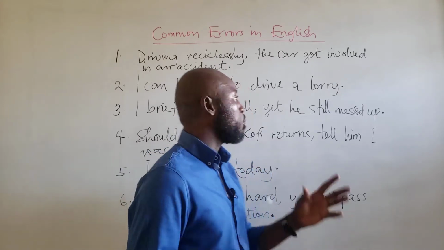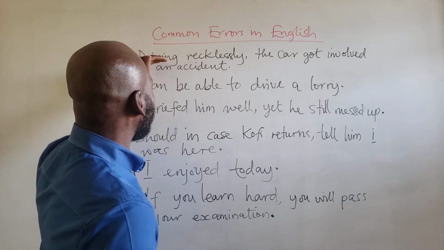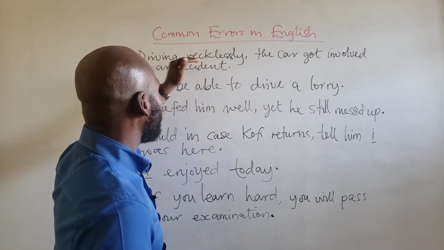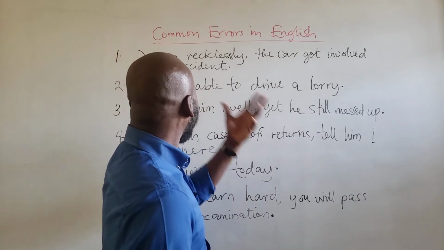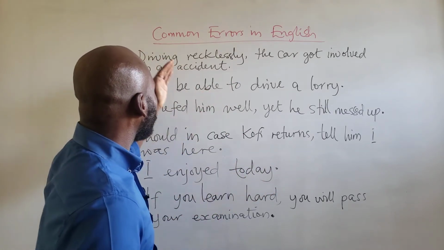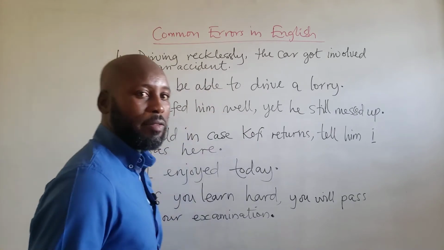So in that case, we say that this particular modifier phrase, driving recklessly, is dangling, or it is unattached to the doer of the action.